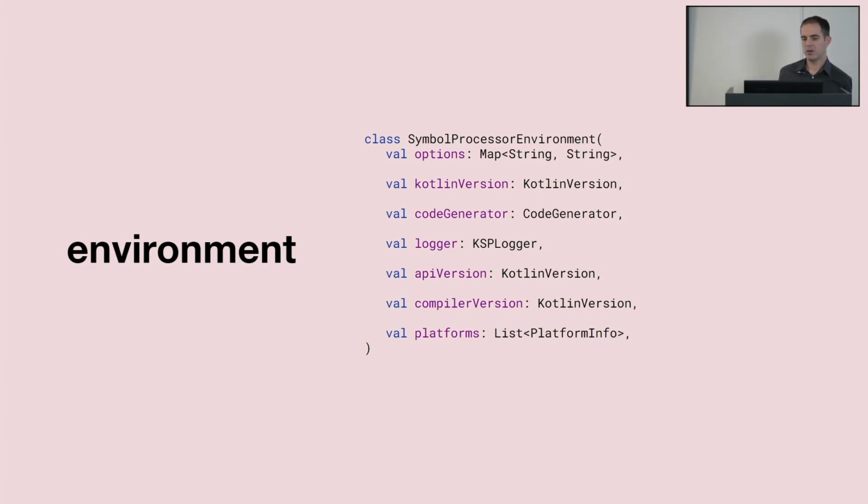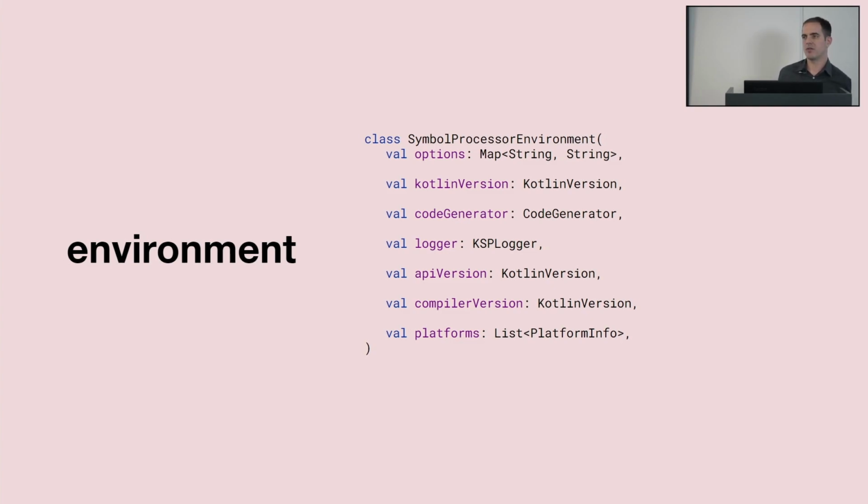As you could see, the provider has a symbol processing environment parameter in this create function. This environment has several properties here. Options as a map, which are passed in from Gradle, as we can see with the Rumi example. Also the code generator, which will be used to generate the actual code, the actual files.